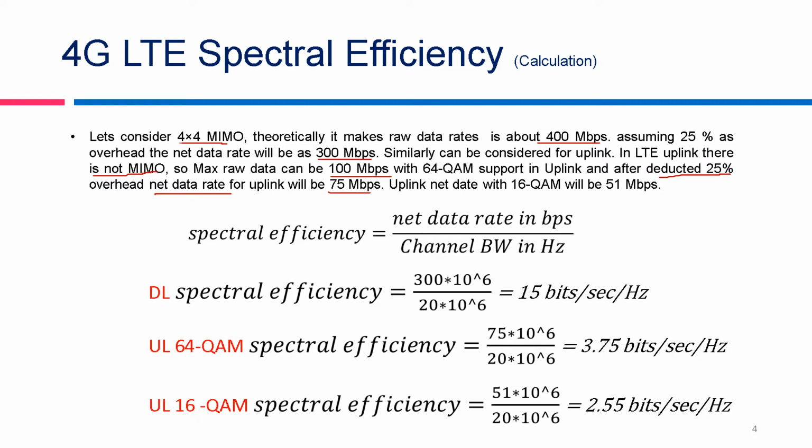And assuming 16 QAM as maximum uplink modulation, then we can say that 51 Mbps can be net data rate.